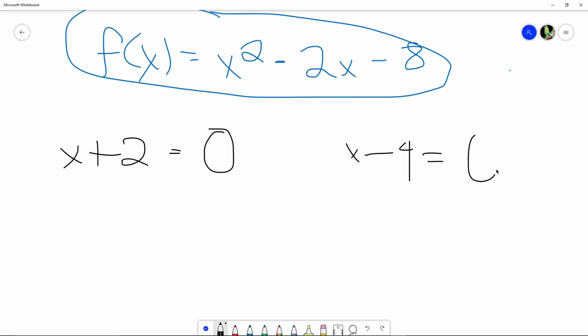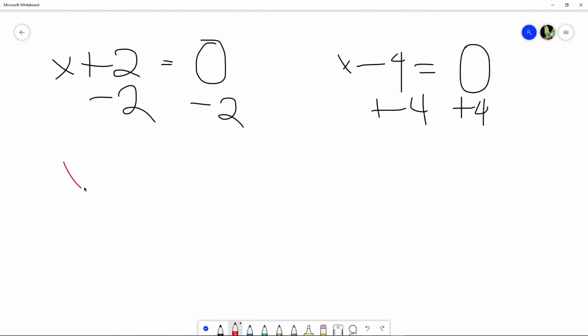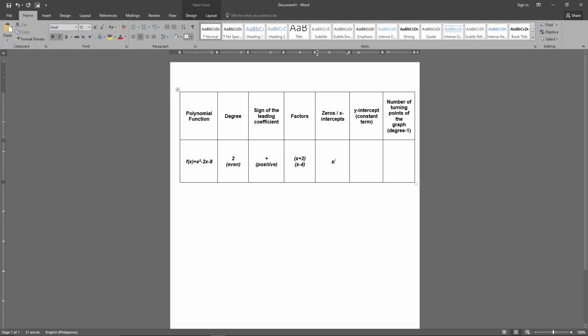To get rid of this, we do minus 2, and this plus 4, plus 4. So x equals negative 2 and x equals positive 4. That is our zeros: x equals negative 2, x equals positive 4.